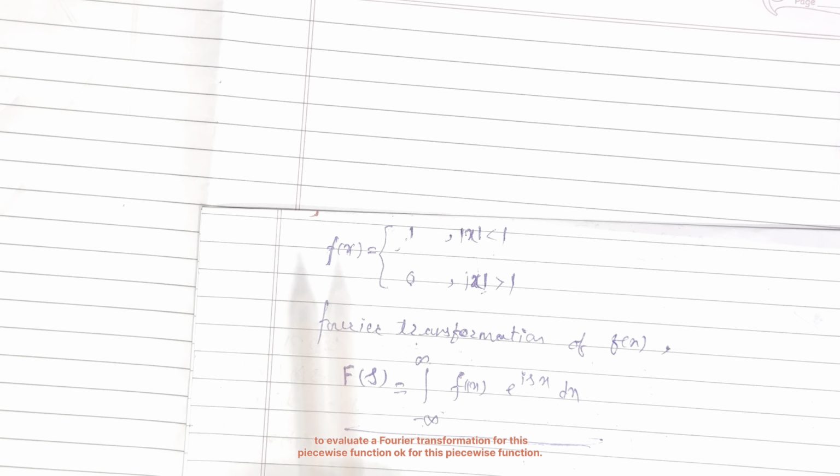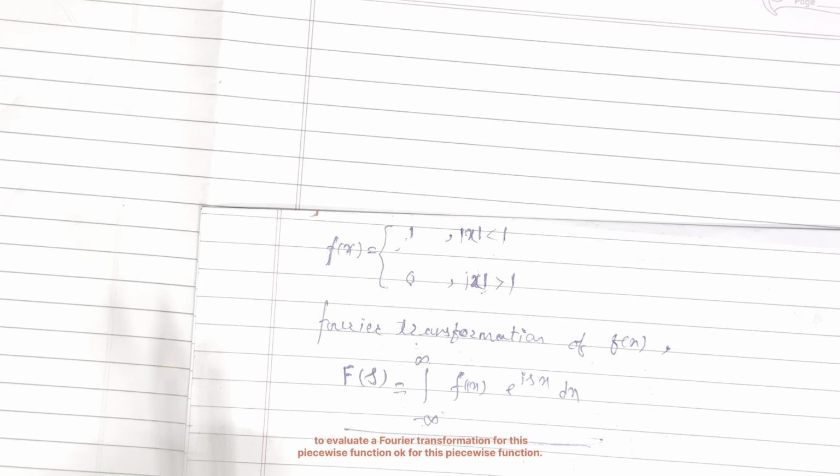We write capital F of s, defined as the Fourier transformation on s, which is equal to the integral from minus infinity to plus infinity of small f of x e raised to i s x dx. This is our formula for the Fourier transformation. Using this formula, we have to evaluate the Fourier transformation for this piecewise function.